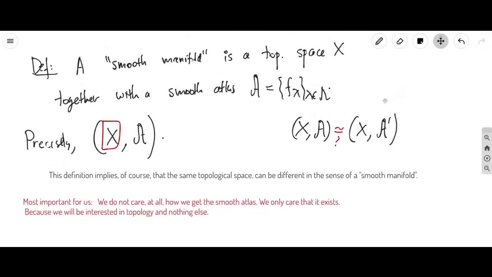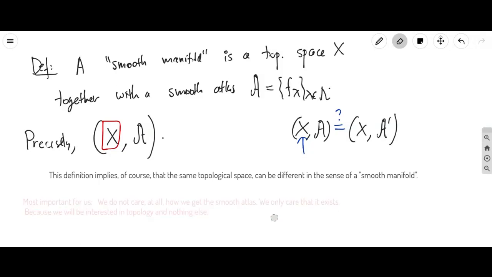If we use a different atlas, you might ask, well, are these considered to be the same, or not? My answer would be, we do not care, because we're just focusing on the X. So then why is there an atlas? Well, the atlas is there to help you study X. If you have a different atlas, you still have the same X. Okay, so the topological space will remain the same.